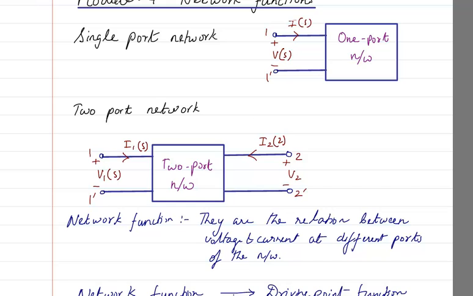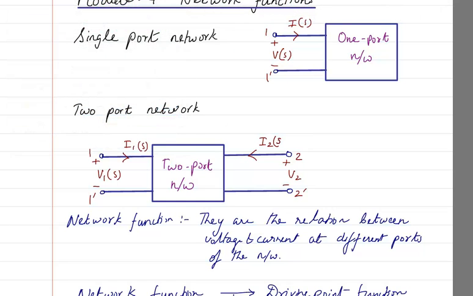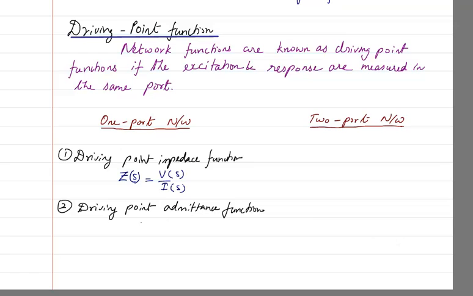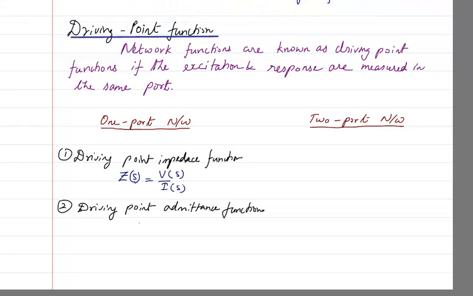Similarly, I2 of S and V2 of S. Okay, and the driving point admittance function for single port will be basically Y of S, which is given by current divided by voltage at the port.